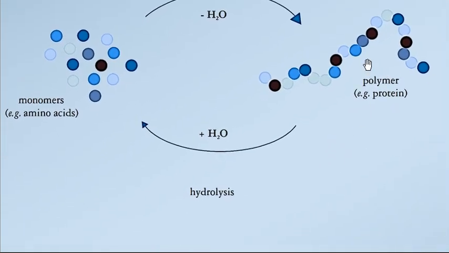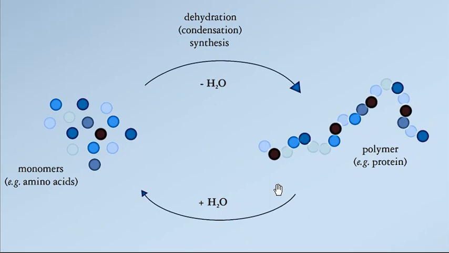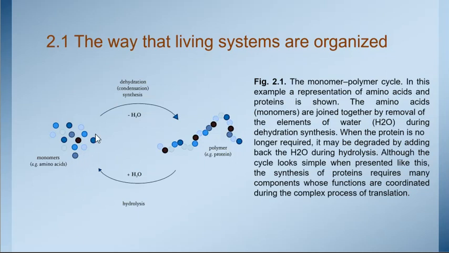Anyway, this protein or polymer will take up water again, that is hydrolysis, and will be again like monomers. So you can see here the dehydration and hydrolysis can make a cycle inside a cell.